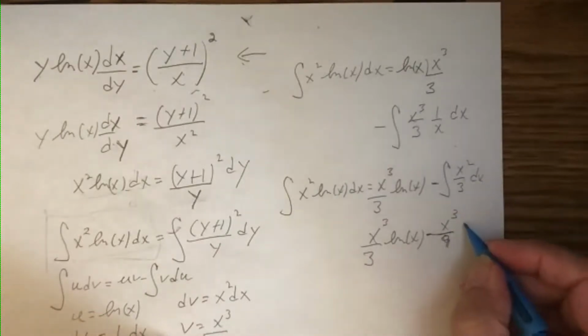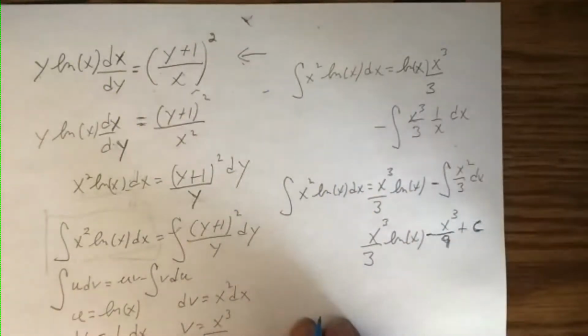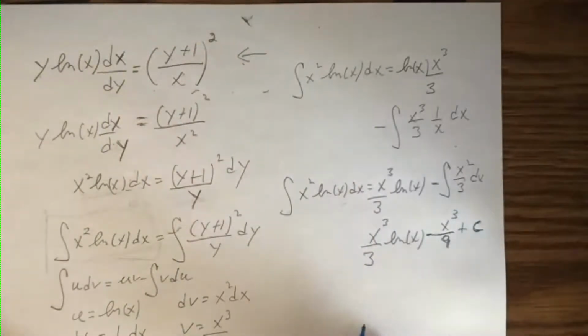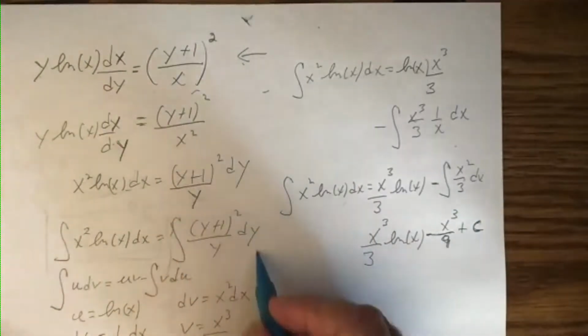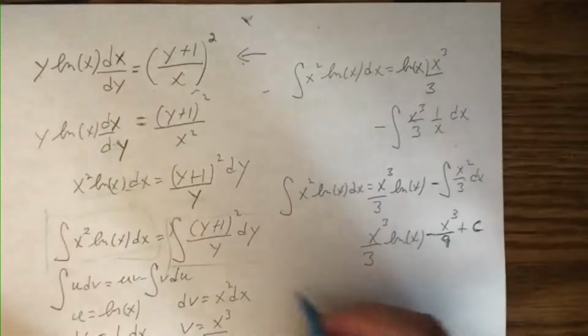And then let me put the c here. I got to put the c on one side, I'll put it here. All right, so that's this integral. Now I still have to do this integral. I got to do the other side. So how do we do this integral?